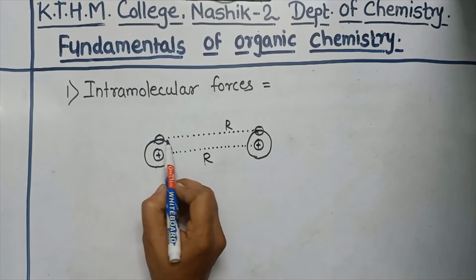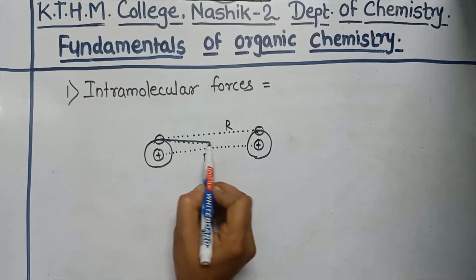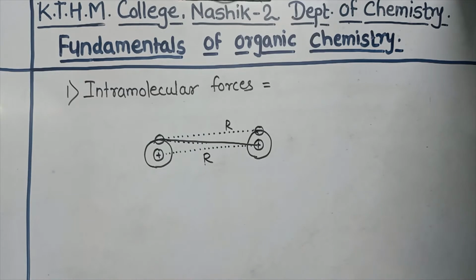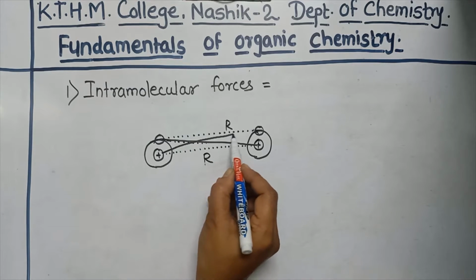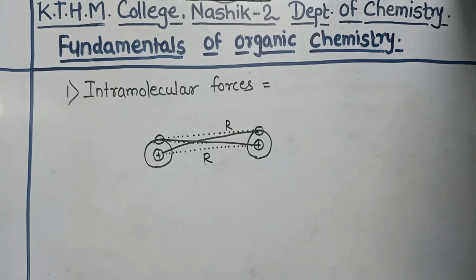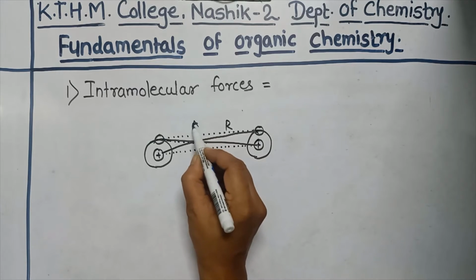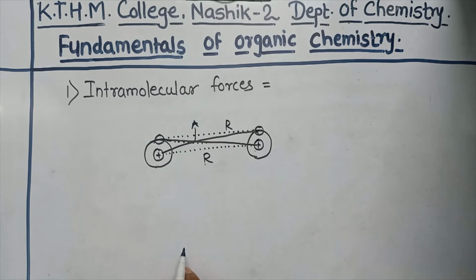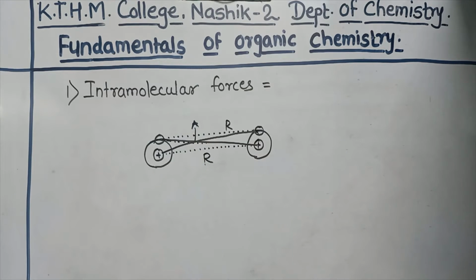While the negative charge of one atom is attracted by the positive charge of the other atom, and the positive charge of one atom is attracted by the negative charge of the other atom. That force is the attractive force.